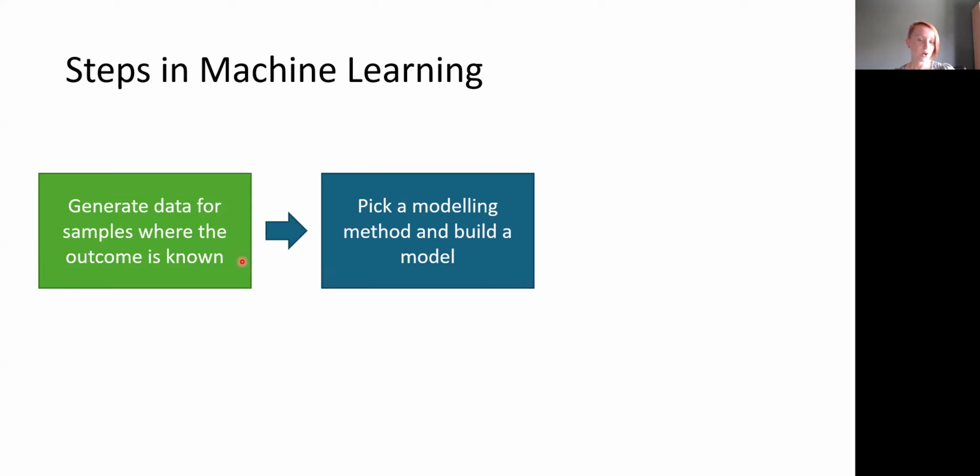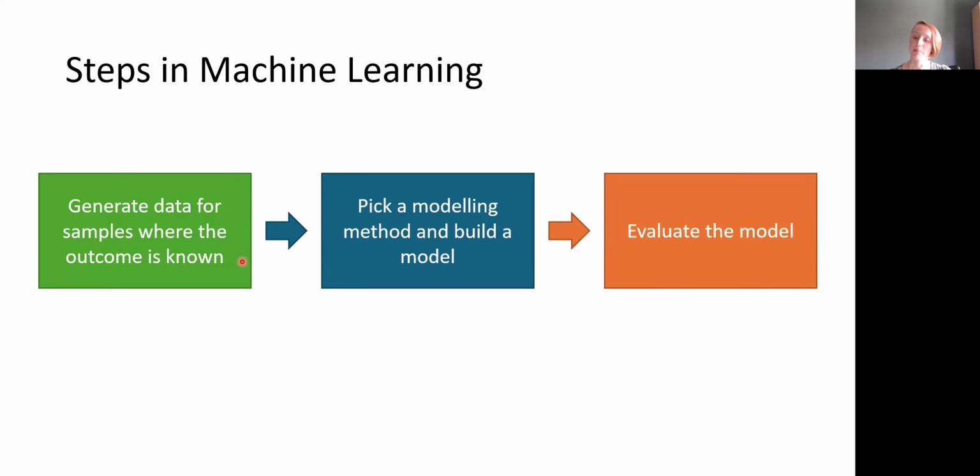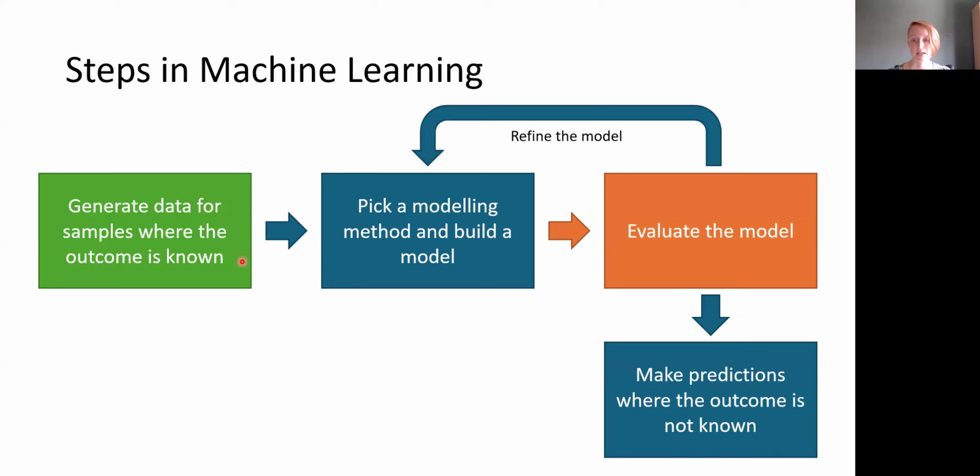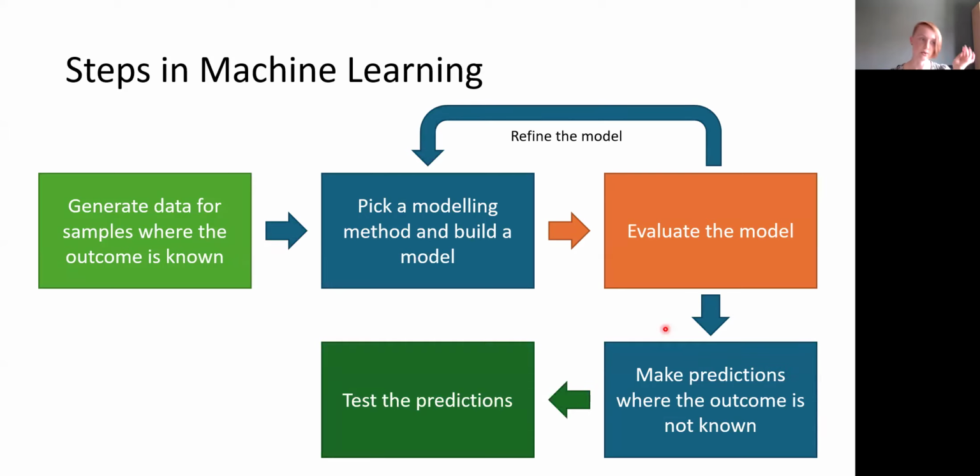We then pick a modeling method and build a model based on the kind of data that we have and the kind of outcome that we want. And we can evaluate our model and refine the model in different ways to then make predictions where the outcome is not known. And we can also then test those predictions and see how useful our model is.